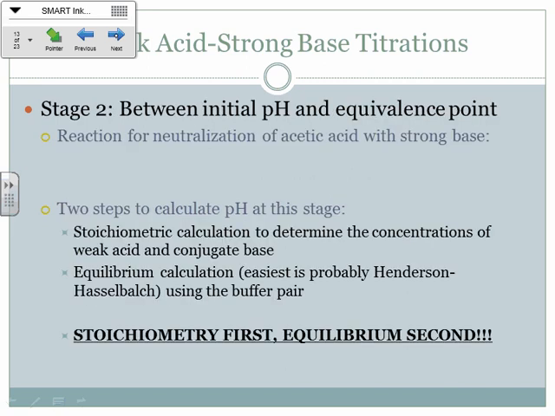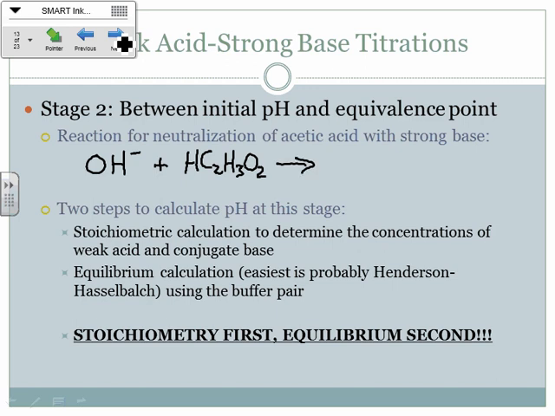Here's where it gets a little tricky. Between the initial pH and the equivalence point, you're adding strong base. So if I'm adding strong base, I'm adding OH minus, plus this one's acetic acid, HC2H3O2, is what I've got in there.